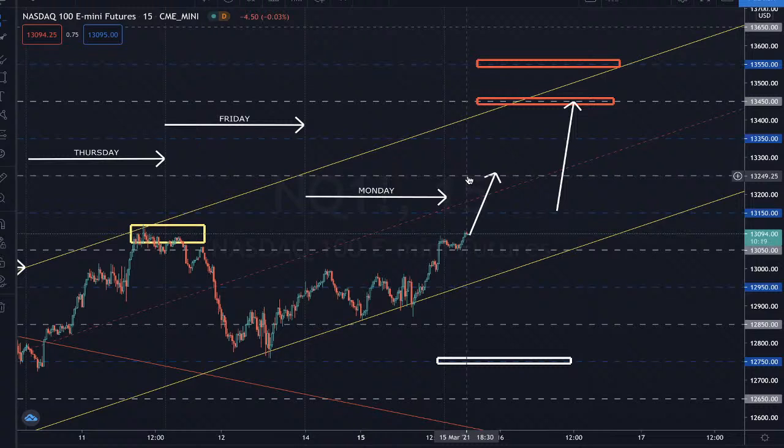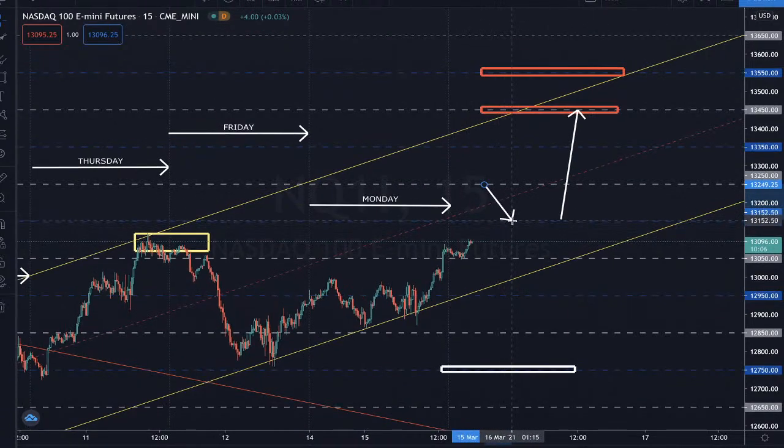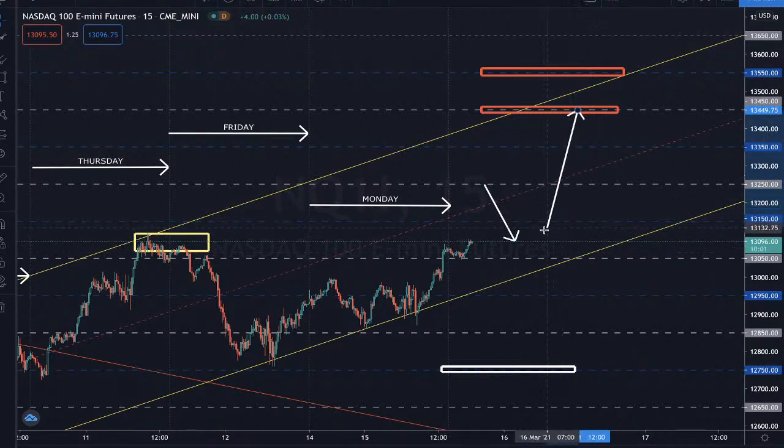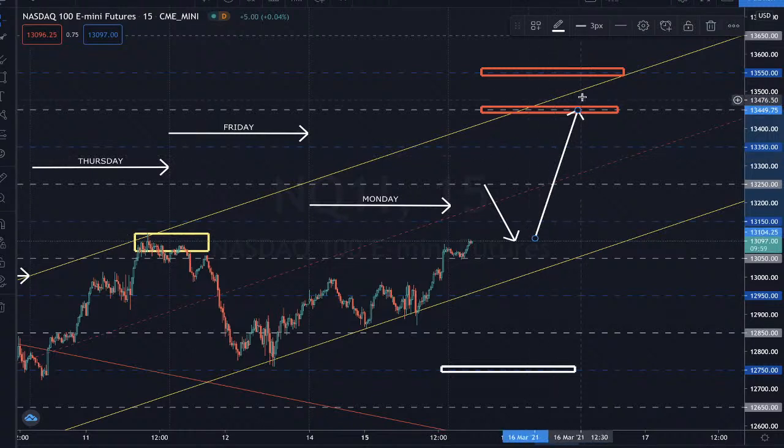Maybe watch 12,249 or 12,350, and from there, if we get there, you can expect to see a little bit of pullback, maybe 100 points, or maybe a little bit deeper, just to retest that level. And from there we can expect to see a rally to the upper side of the channel. My first target to take profits on my longs is 13,450, and the second target is 13,550.